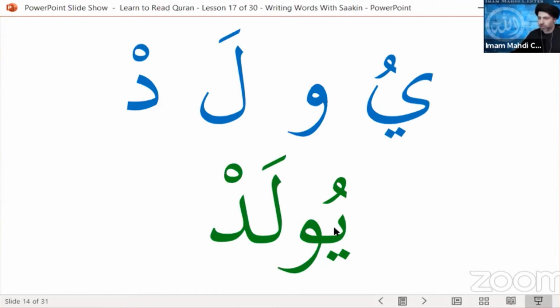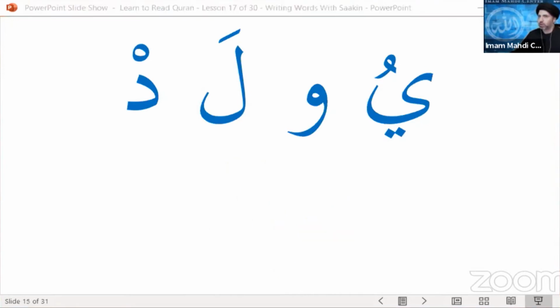And it's rewritten as you see here at the bottom, lowercase ya connected to the waw, which does not change, and the waw has a space after it, lowercase lam, and the dal. So this is you lad. And you get your pen and paper. So you write lowercase ya with its two dots, and the ya has a dhamma here, connected to the waw, and this part by itself is pronounced you.